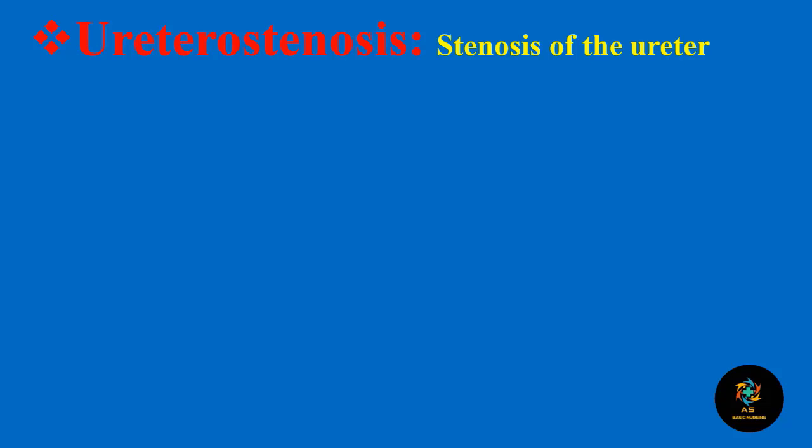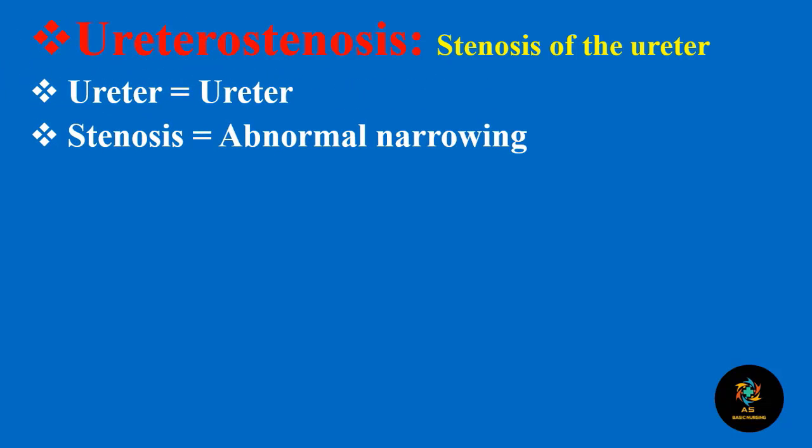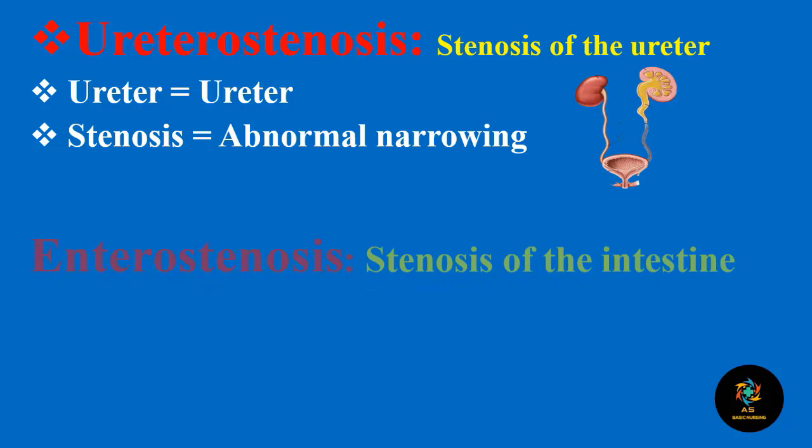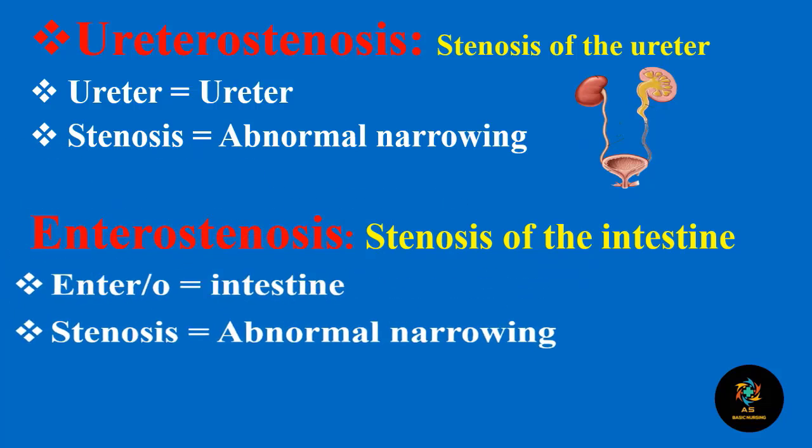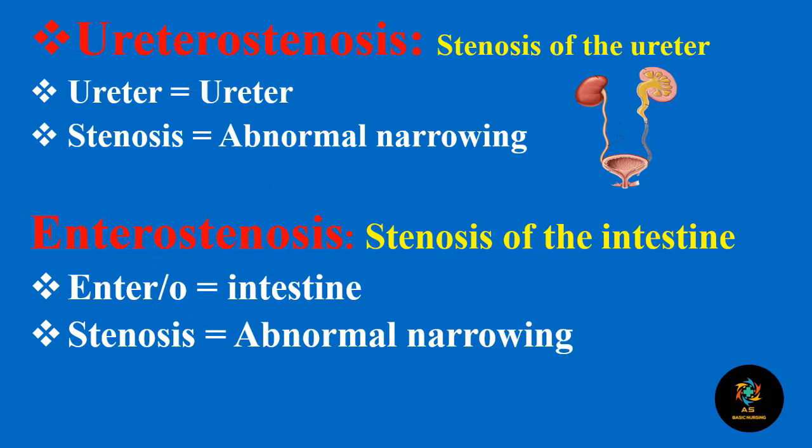Stenosis of the ureter. Ureter, which simply means the ureter itself, and stenosis, meaning abnormal narrowing. The next example word suffix of stenosis is enterostenosis, which simply means stenosis of the intestine. Enter meaning intestine, and stenosis, as said earlier on, meaning abnormal narrowing.